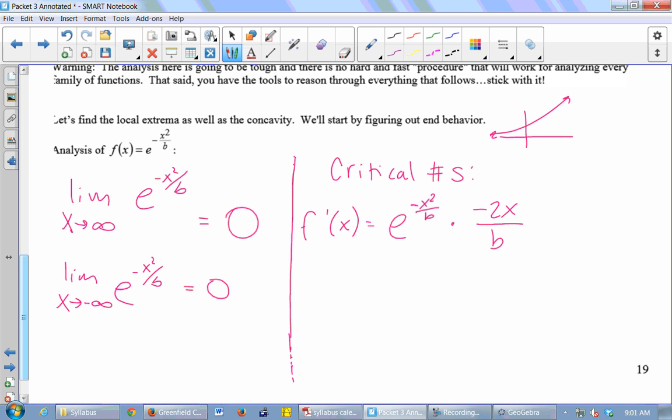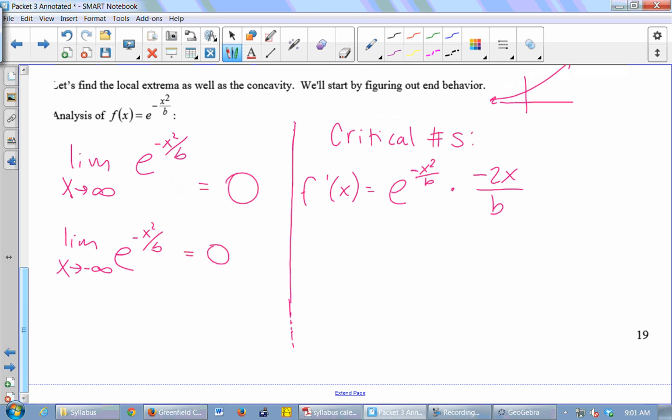Is that derivative ever undefined? Yeah, there's no denominator here. There's no square roots, right? So there's no place where I have to exclude an x value. So I just want to know when this thing equals 0.